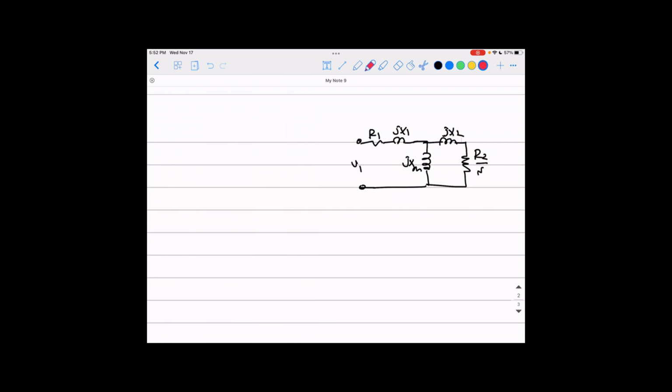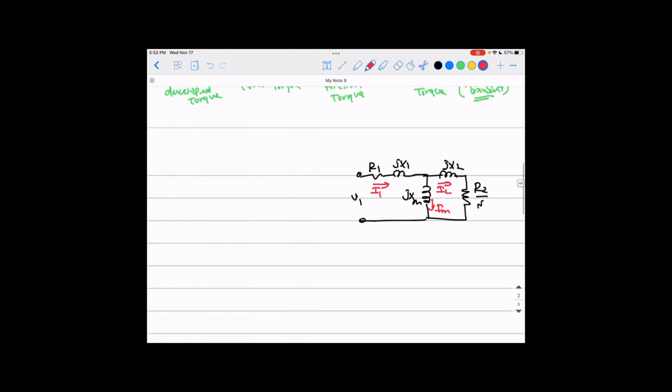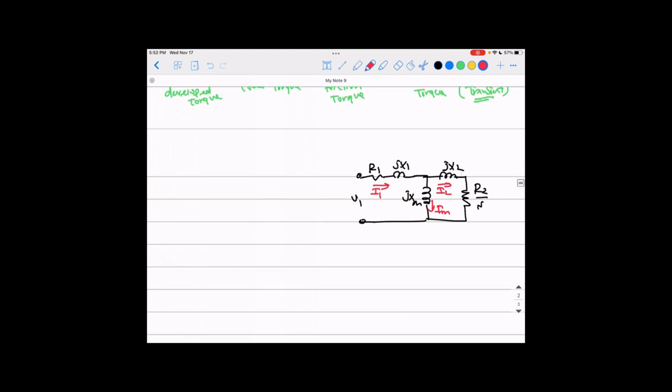Okay guys, here is your stator current I1, here is your rotor current I2, and here is IM, the current that goes to XM. During the last lectures we've been dealing with how we find all the equivalent circuit parameters. So if you have the equivalent circuit parameters R1, X1, R2, X2 and XM, now you can use them to find whatever you want in the calculations of the machine.